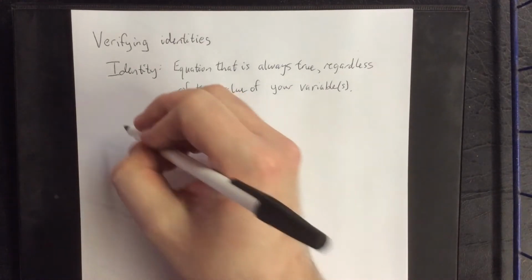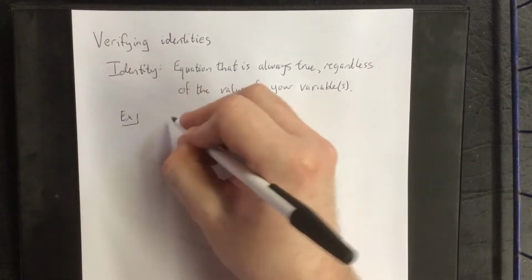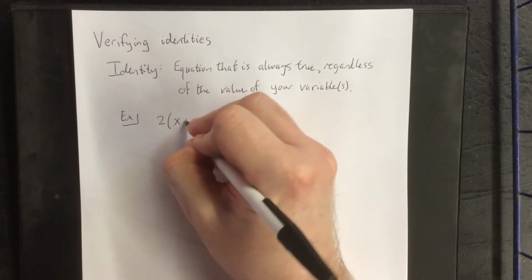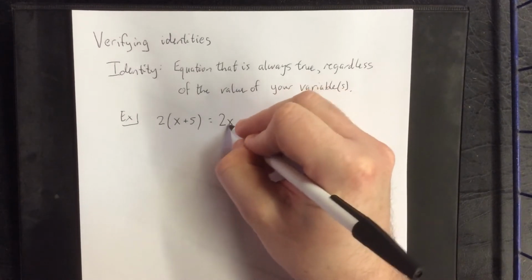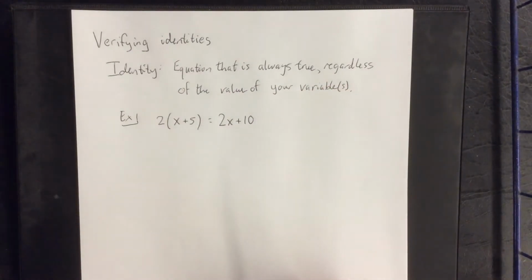An example of an equation that is an identity: 2 times the quantity x plus 5 is equal to 2x plus 10.